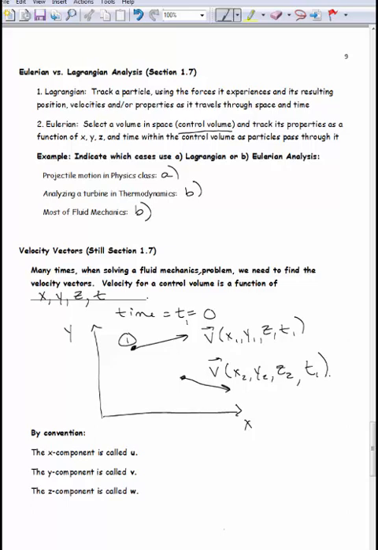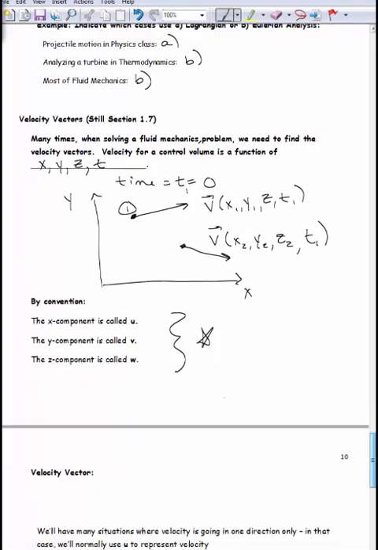That gives us a little bit of nomenclature. It's very important that you remember this, because if we say that u is such and such, you've got to remember that's the x direction component of the velocity vector.